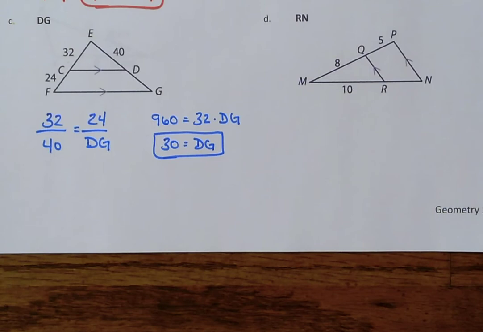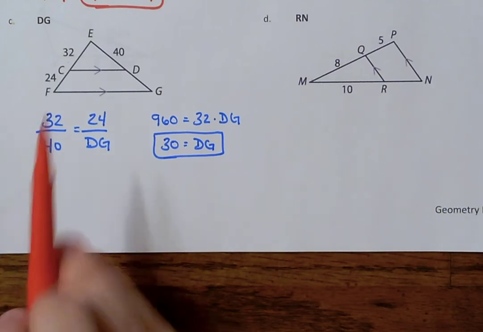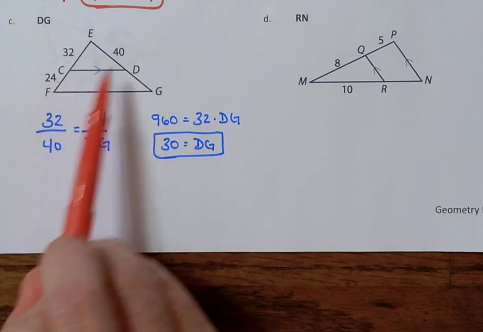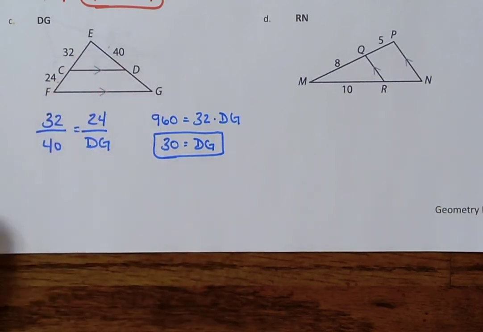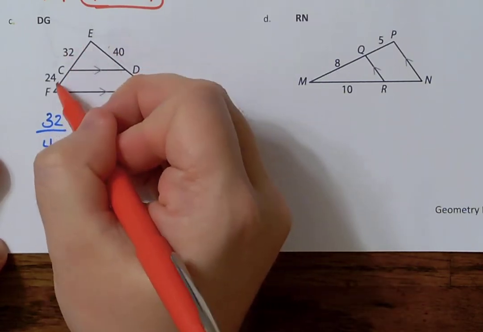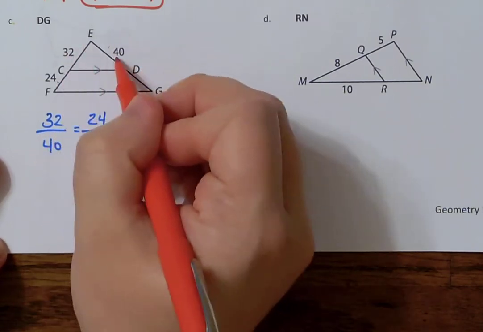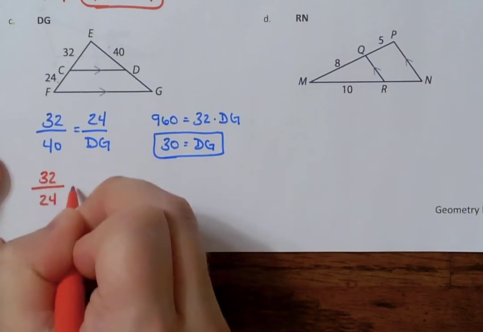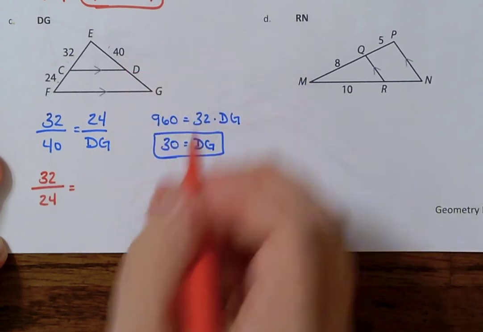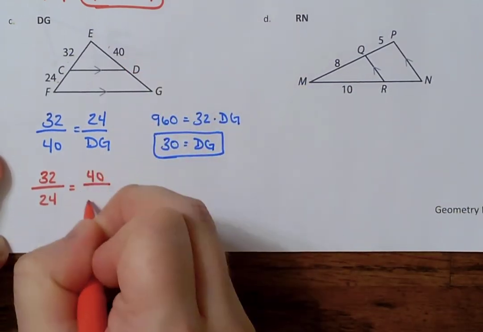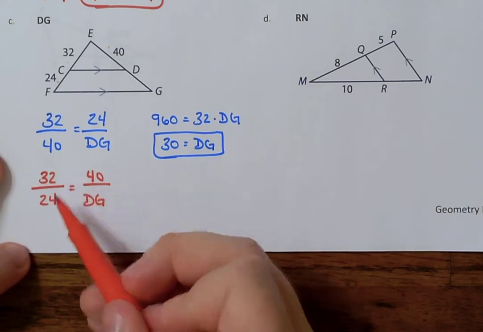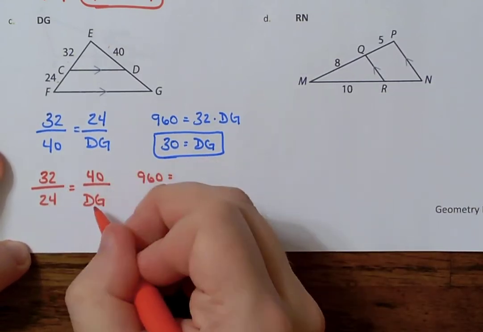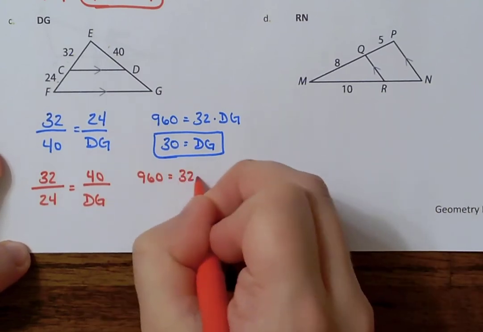Now, just to quickly point out, it does work whether you do side to side, or top, top, bottom, bottom, or left, left, right, right for your proportions. I just want to run through it. If we did 32 over 24 instead of 32 over 40, and then 40 over DG, we would do 24 times 40, which gives us 960 equals 32 times DG.